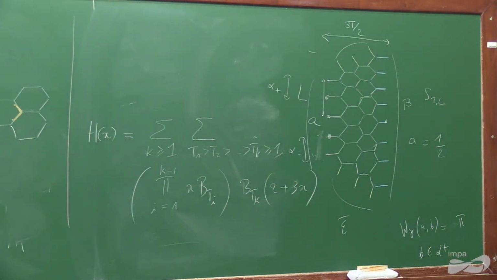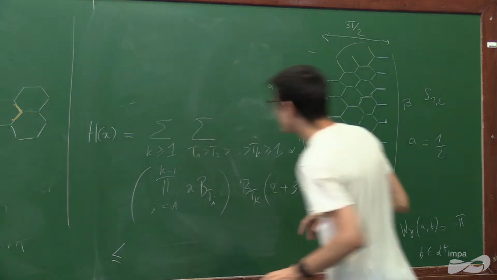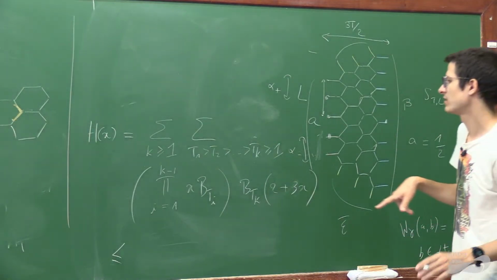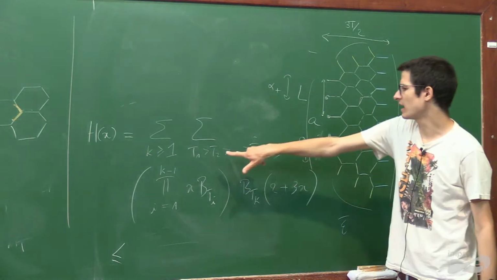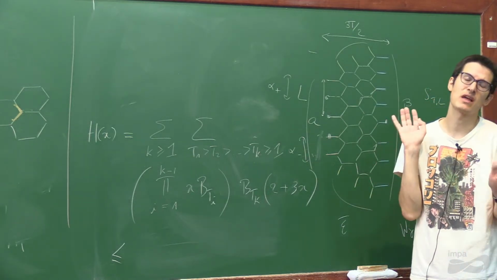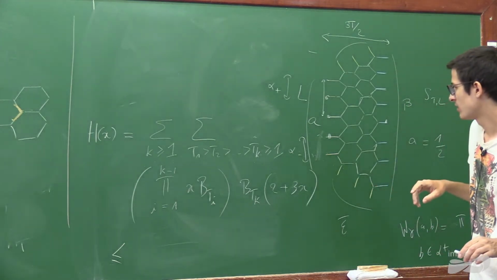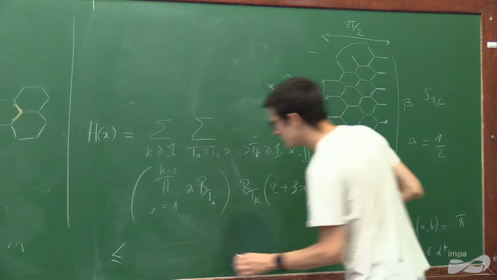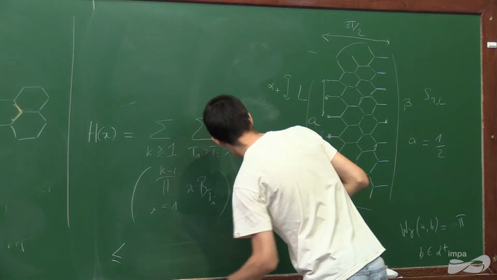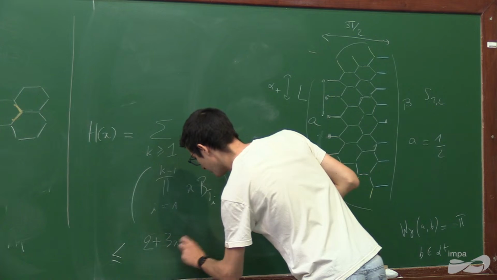Well, the important part here is that when you look at this, it looks a lot like an expansion. It's just an expansion, but there are a few terms that are missing. So what you can say is that this is smaller than, you have 2 plus 3x over here.